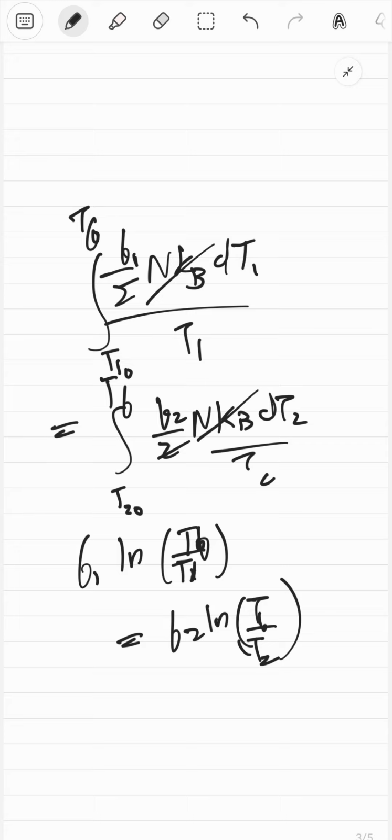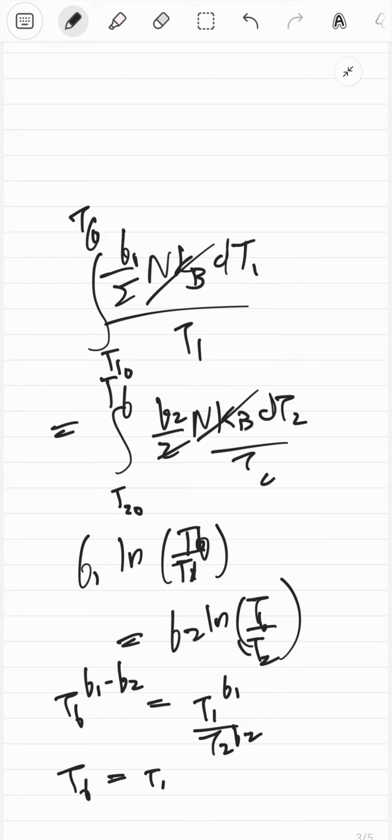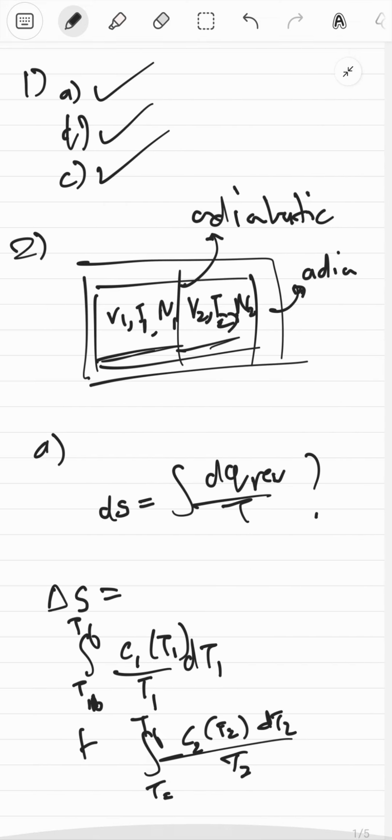This seems to be correct. So essentially what we're seeing is TF to the power F1 minus F2 is equal to T1 to the power F1 upon T2 to the power F2. So TF is equal to T1 to the power F1 times T2 to the power negative F2, that whole thing to the power of 1 upon F1 minus F2. That's your final expression that you want.